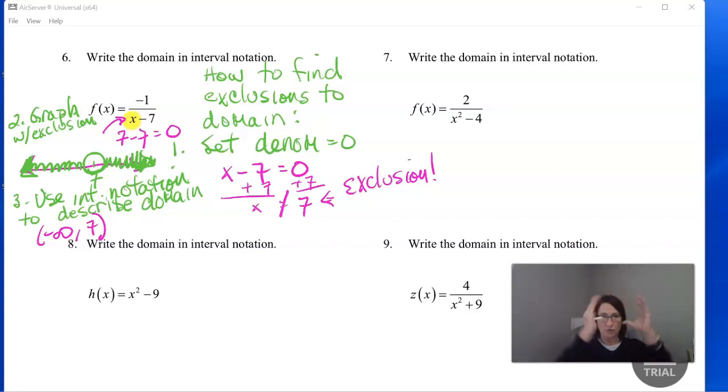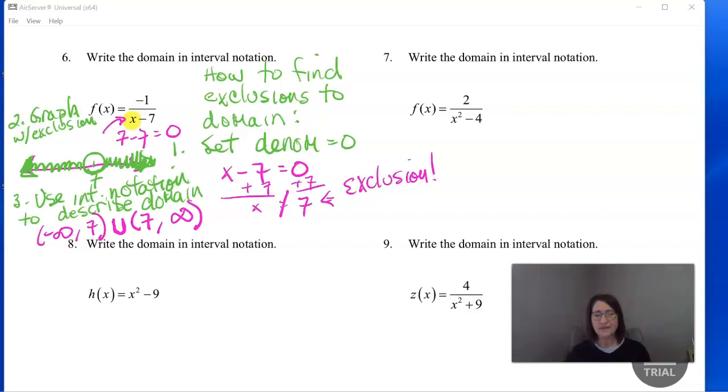I use rounded parentheses because 7 is excluded, not part of my solution set or my domain. And then I'm going to use a union symbol. I'm going to start back up with 7 and go to positive infinity. That's how I describe my entire domain, showing that 7 is excluded.